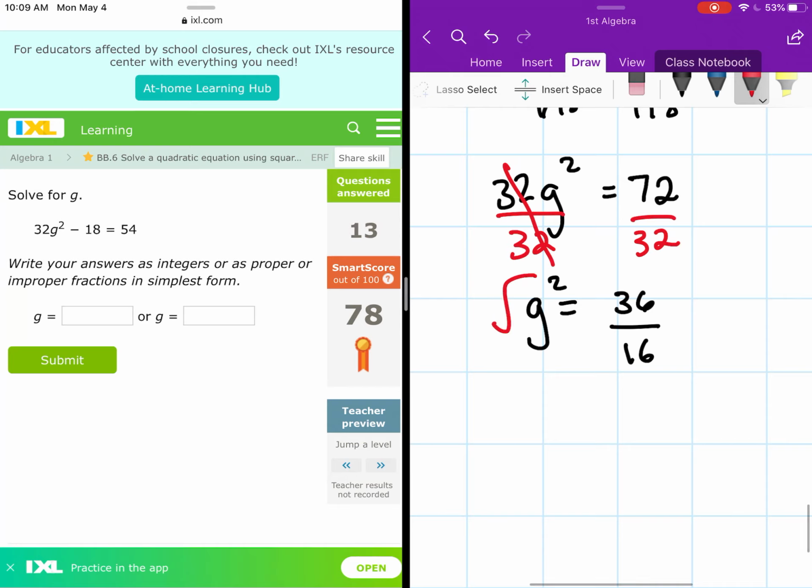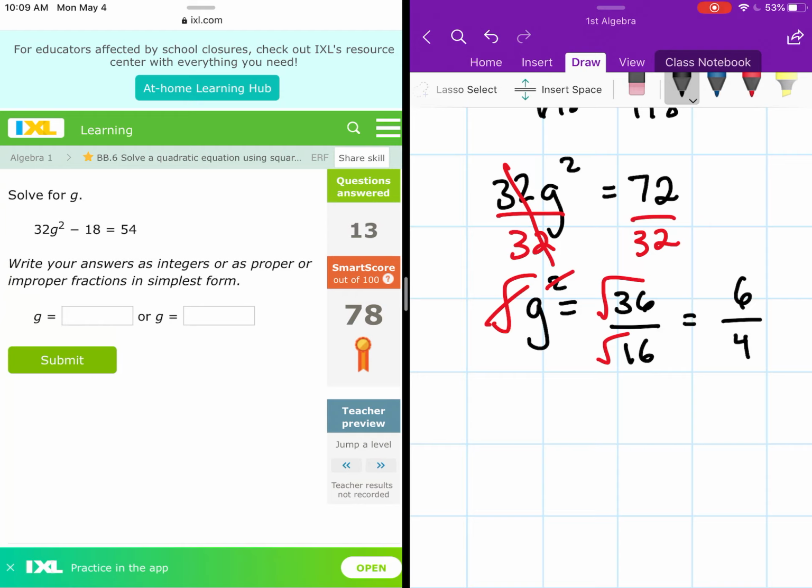I take the square root of those. When I take the square root of a fraction, I take the square root of the top and the bottom. So what is the square root of 36, sorry? That is going to give us 6. And the square root of 16 is going to give me 4.